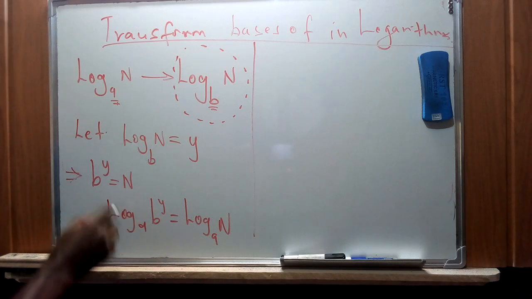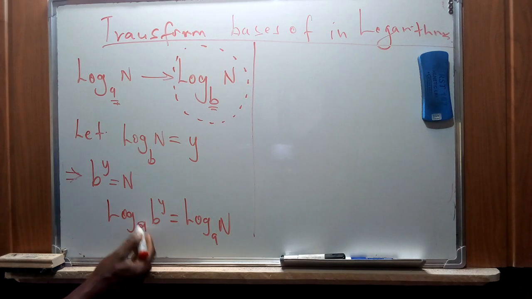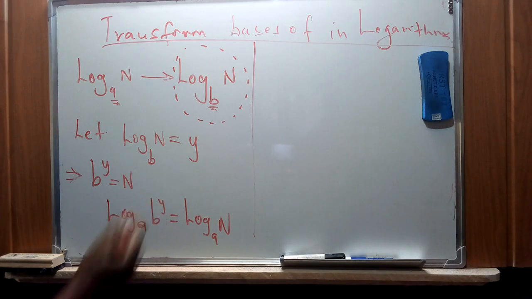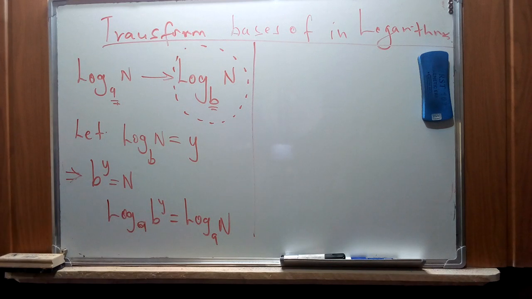So I've introduced log to base a on both sides, as I've said that if you do a similar operation on the left and right side, it does not affect the value. So it's right to say log to base a of b to the power y is equal to log to base a of n.